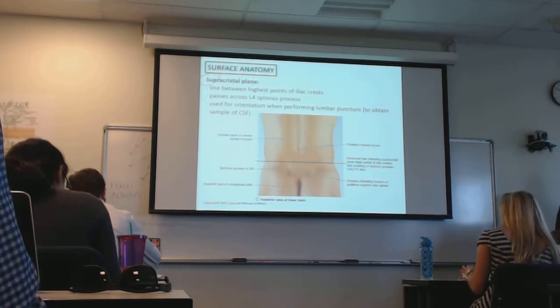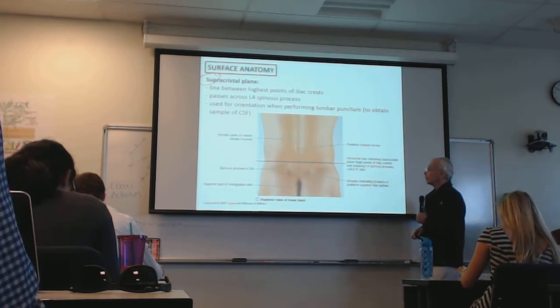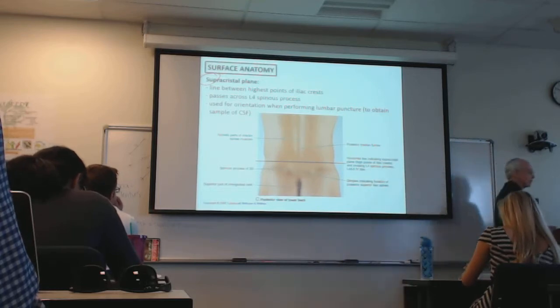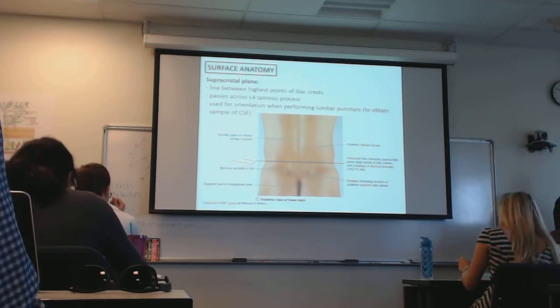I mentioned the supracristal plane, so this is a fancy word, and in this context, supra means above. The cristal, in this instance, refers to the crest. So we're talking about the iliac crest. So the supracristal plane is that plane that is just superior to the iliac crest, and you can see the little line here that approximates the location of that.